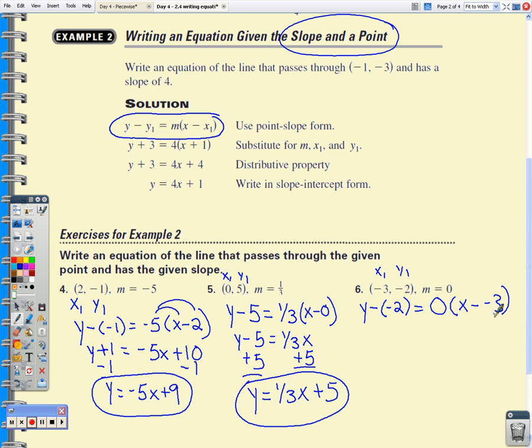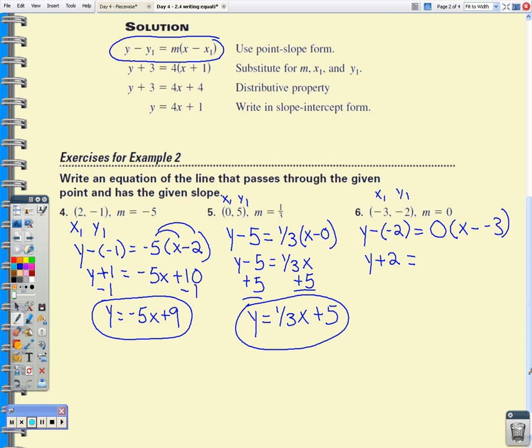Then it becomes y plus 2 equals, well, 0 times all of this is just 0. Subtract 2 from both sides. And we get y equals negative 2. So that's how we use point-slope form to write the equation of a line.